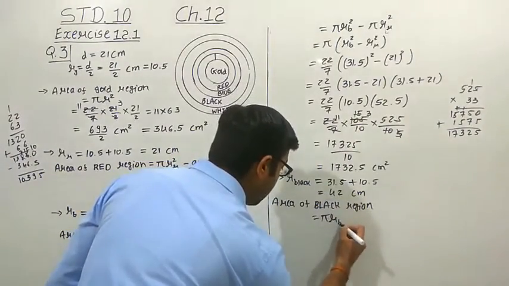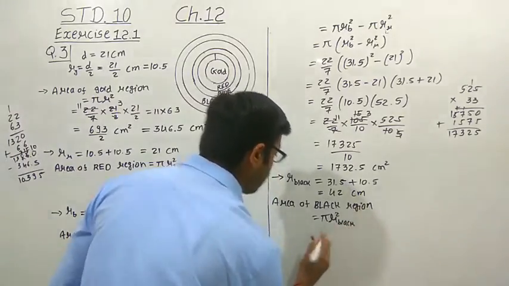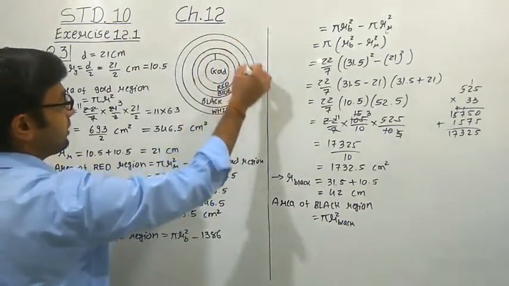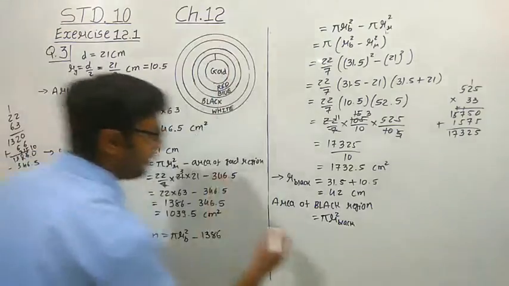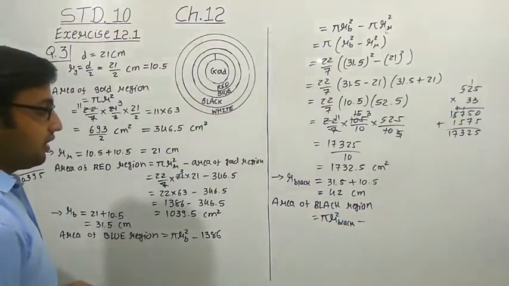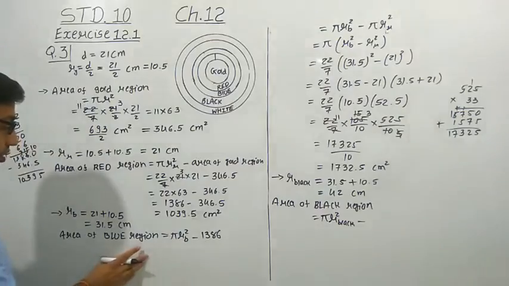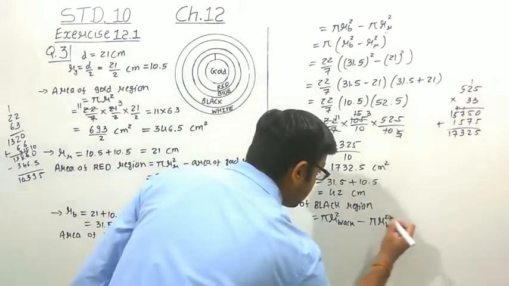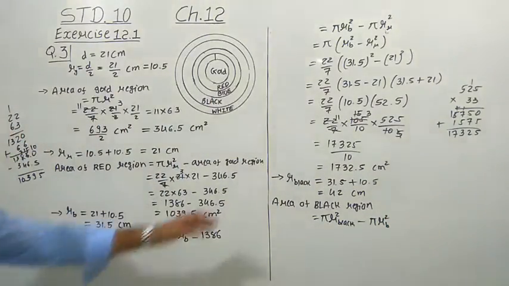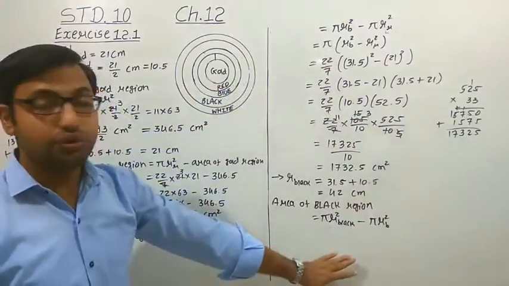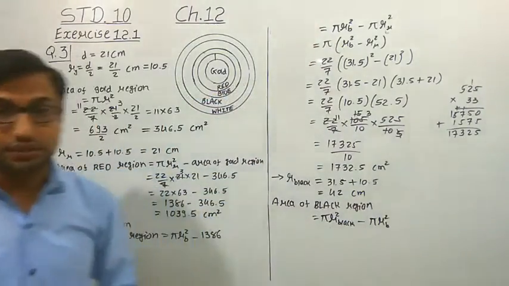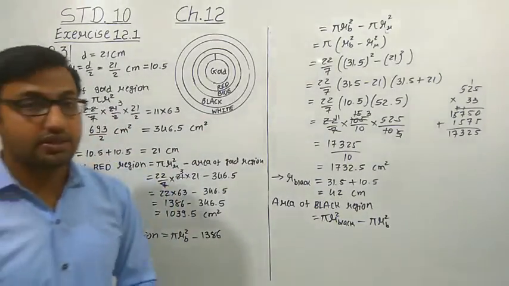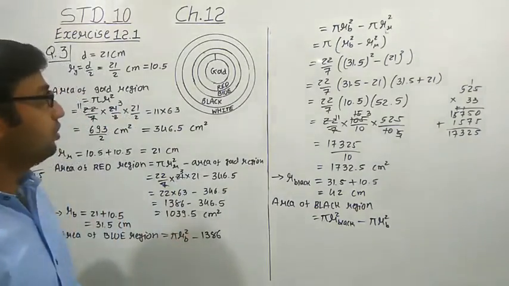This is the total area covered by the black region. From that we have to subtract the area covered by the blue circle, that is pi RB square. The same thing that we have done here, you can do here and calculate the area of the region. In the same way, you can calculate the area of the white region. So this is for your exercise. In this way we can solve this type of question.